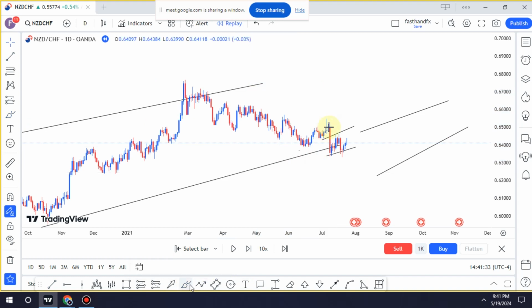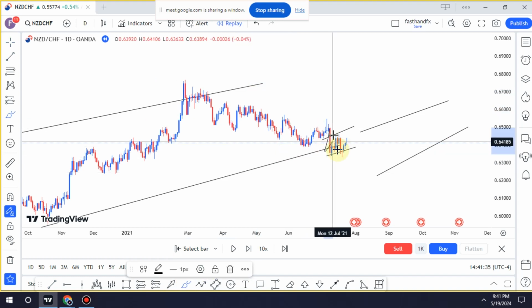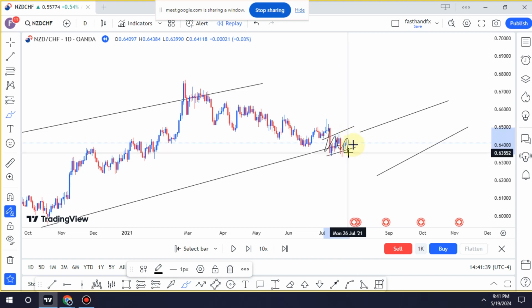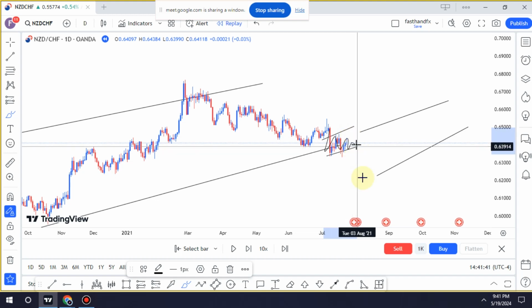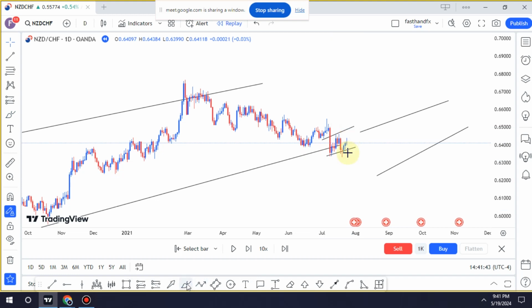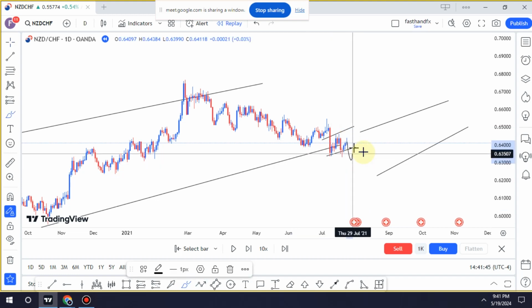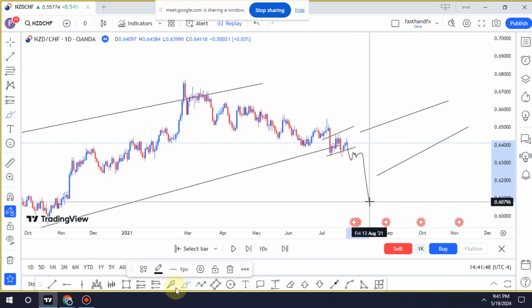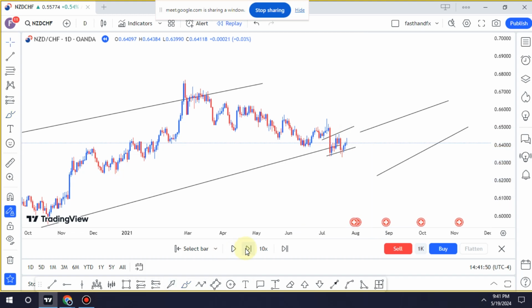Now if you look at this level, yes, it broke, then it gave us another continuation pattern. Now for us to take a sell position, wait for the smaller version of a continuation, and if it breaks, we execute. Or if it gives us an impulse, we should wait for a smaller version of a continuation pattern, then that's when we take our sell position.